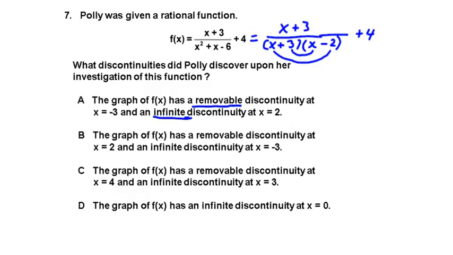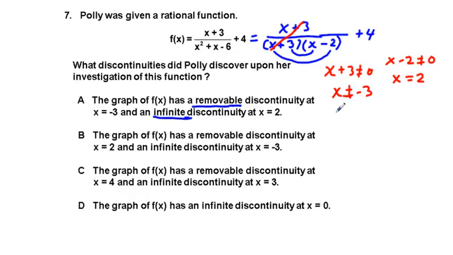Since x plus 3 and x plus 3 cancel each other, we have a discontinuity at x plus 3 equals 0. So x equals negative 3 is one of our discontinuities, and also we have x minus 2 is not equal to 0, the not equal meaning that is a discontinuity. Well, x cannot equal 2.